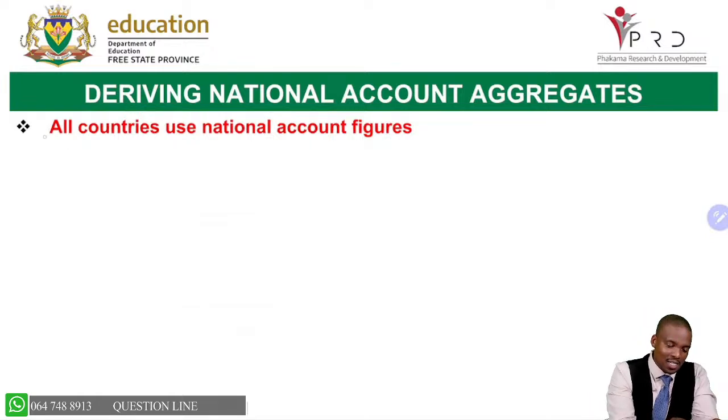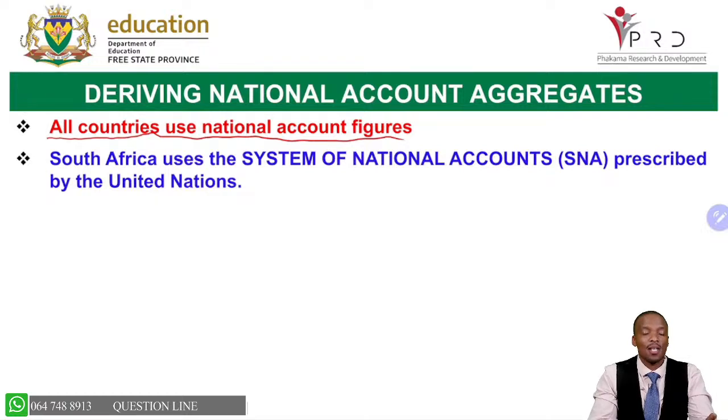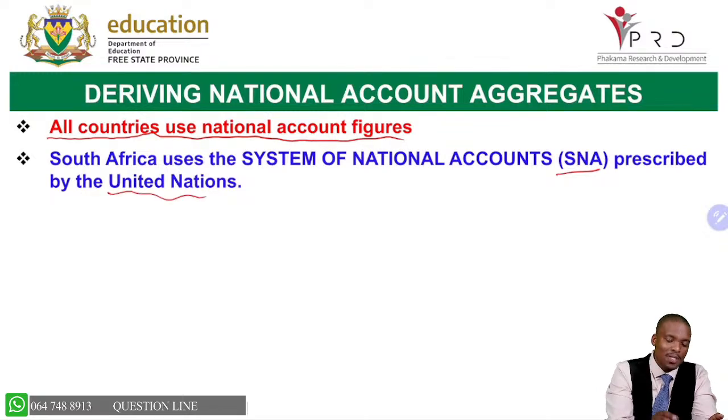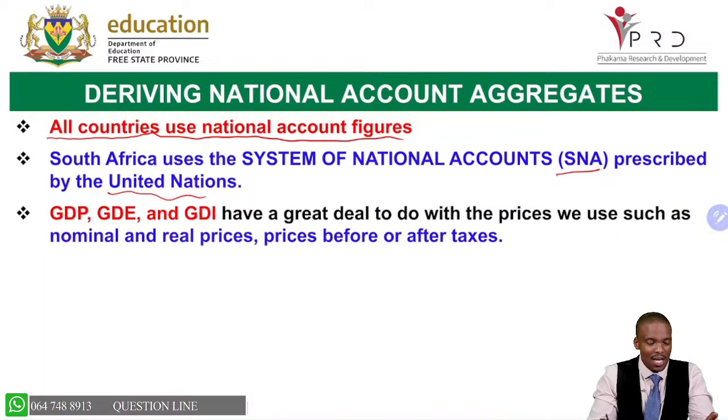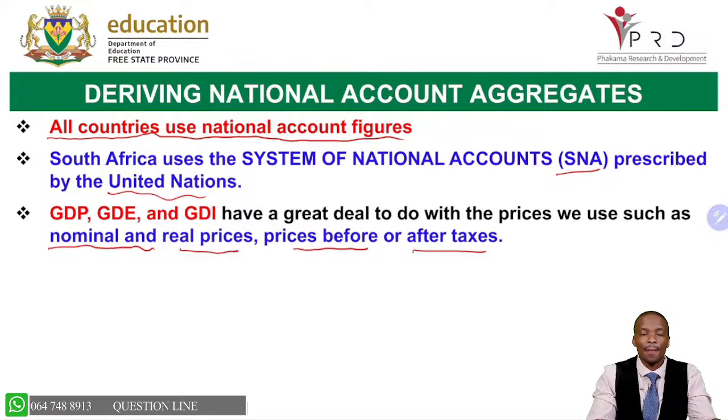All the countries use national accounts figures. South Africa uses the system of national accounts SNA as prescribed by the United Nations. I've repeated that the GDP, the GDE, as well as the GDI have a great deal to do with the prices that we use, such as the nominal and the real prices, or prices before tax and prices after tax.